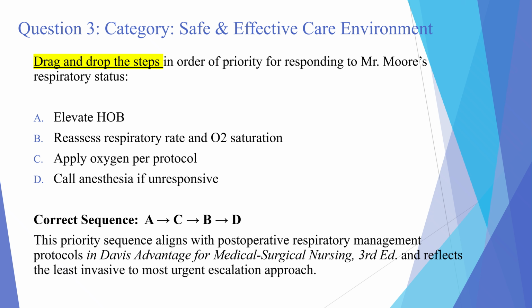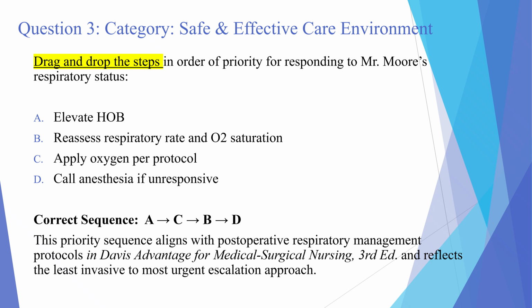So it's elevate the head of bed. Then you apply oxygen. You don't let them stay sitting down. You need to elevate. Then you apply the oxygen. Then you reassess the respiratory status. If you give oxygen, you need to know if it's effective or not.